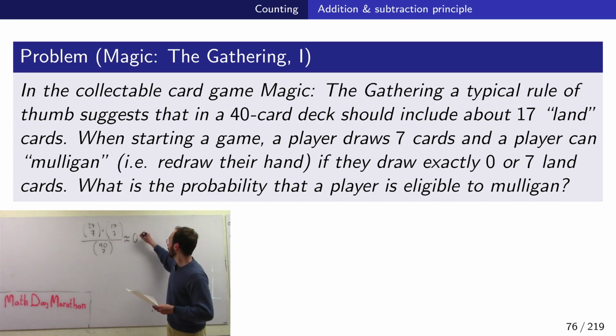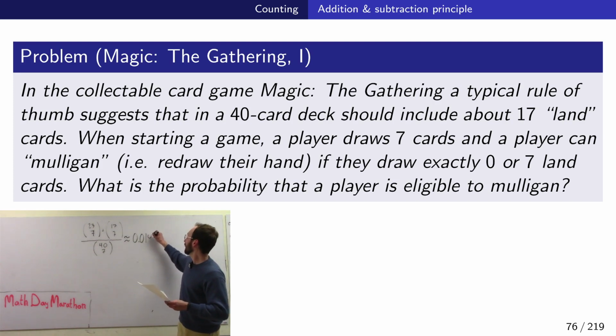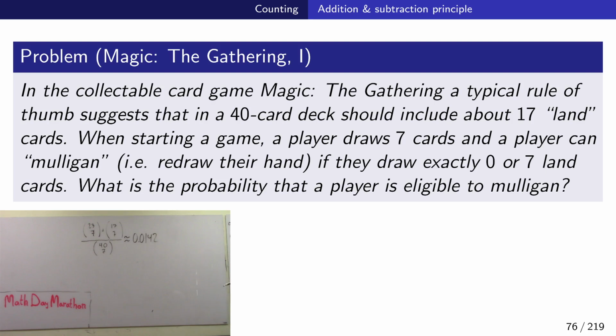Incredibly small. Yes. In the original ruling of mulligans, it was incredibly rare to actually achieve a mulligan. Like a 70th chance.